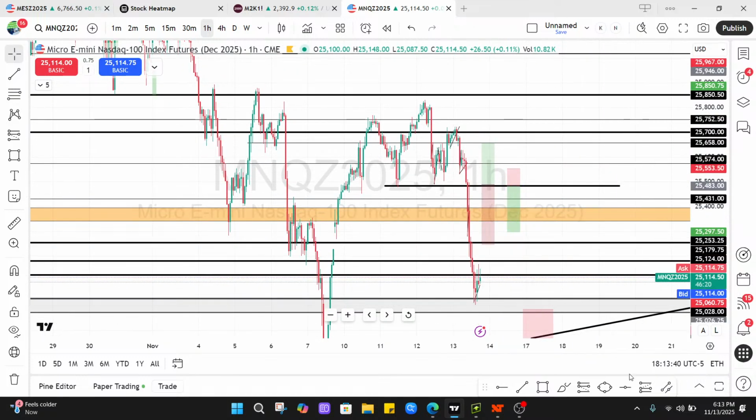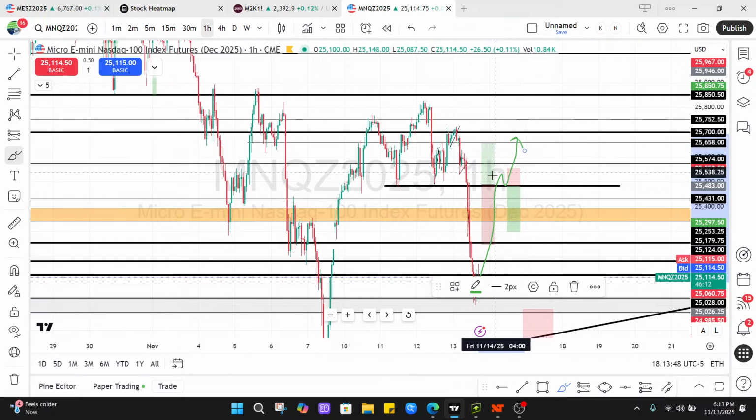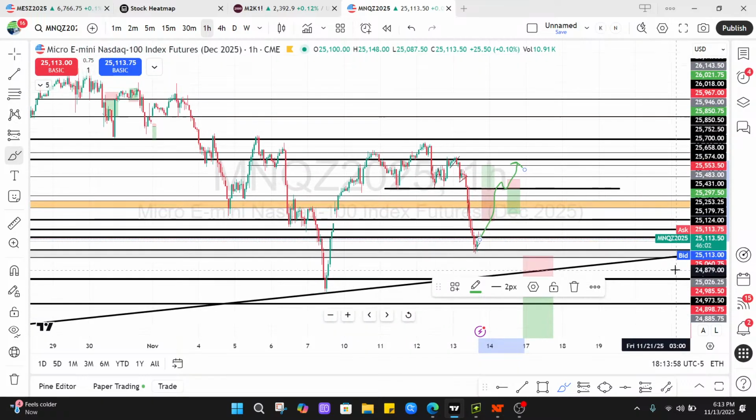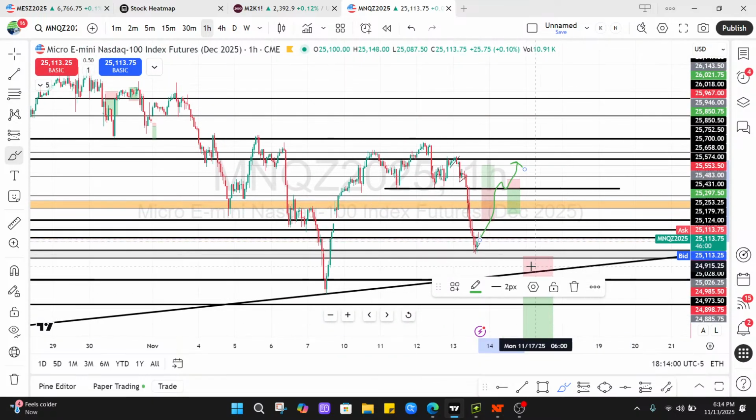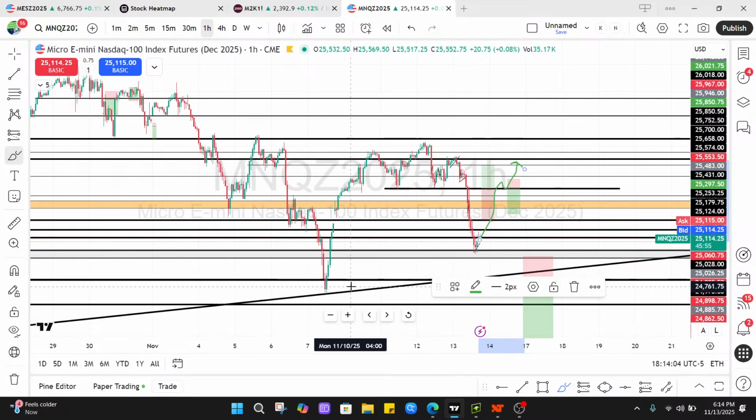So this would mean that I'd be looking for a break above, a retest, and a continuation. That's the only way that this trade right here can be valid. I would have to see a retest, because right now it seems like we pretty much want to come down to this trend line right here. So until we touch this trend line, I'm feeling more confident that there's still some more downside.